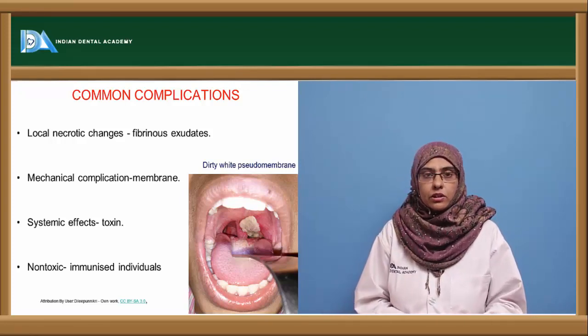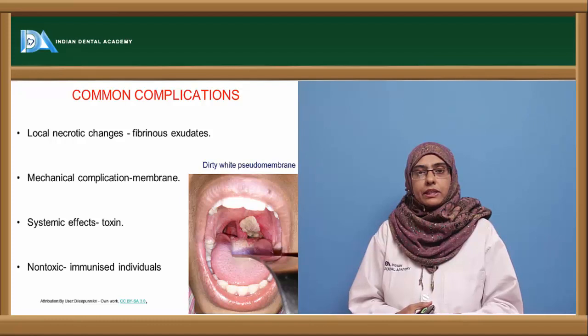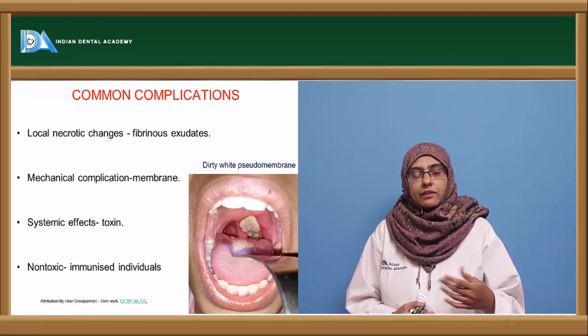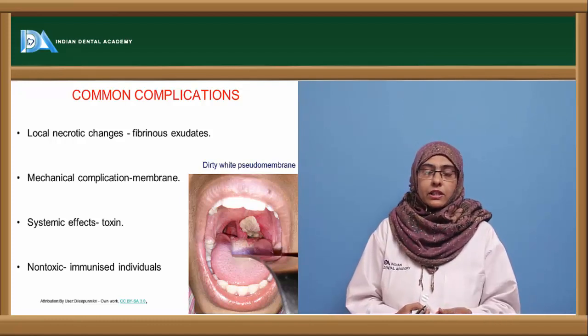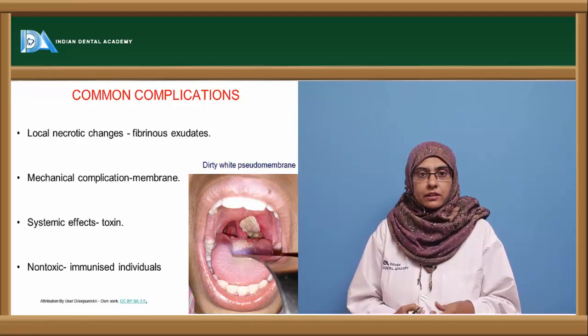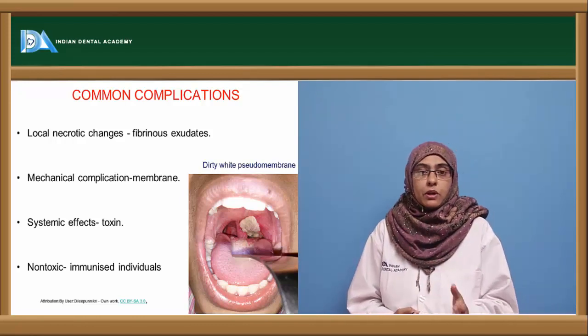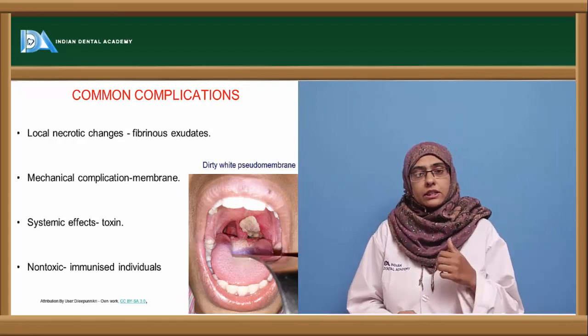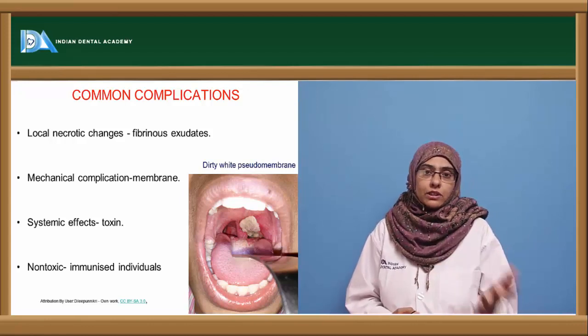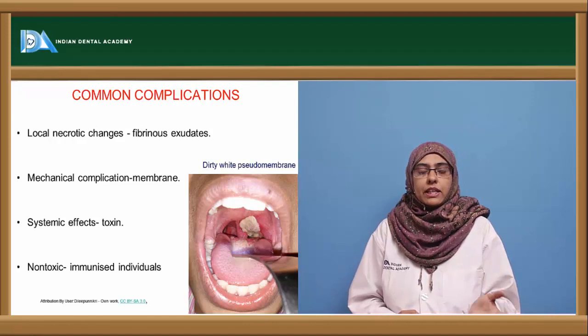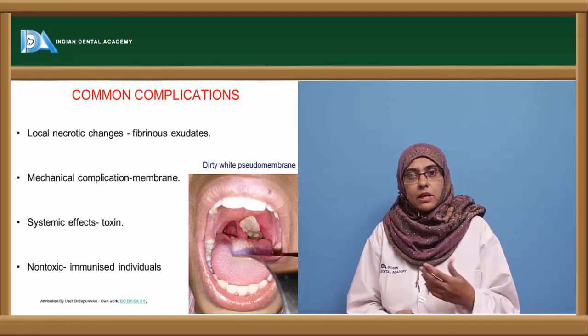In non-toxinogenic strains, they can cause extrafacial infections, and this can cause infection even in the immunized individual. It is because the antitoxin protects from the toxin effect that is released by the organism, but not against the bacteria.